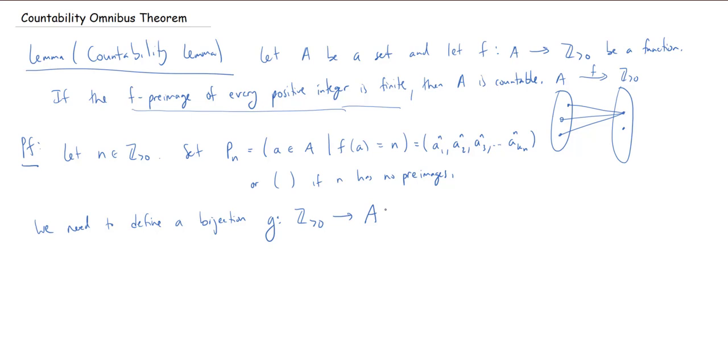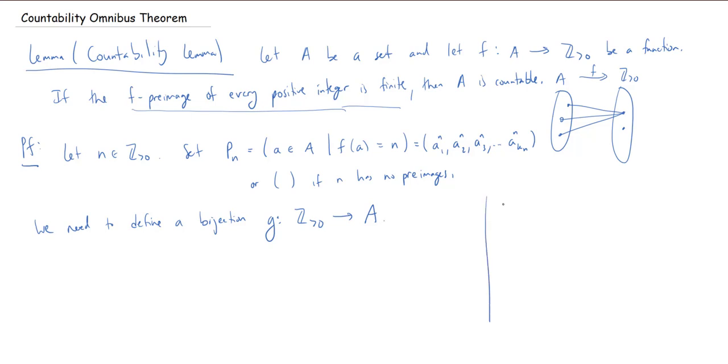I'm going to work through these P sub n's in order, and within each P sub n, I will work through them in order. And that's basically it. So as an example, let's say that I know that my P1 has 5 elements in it.